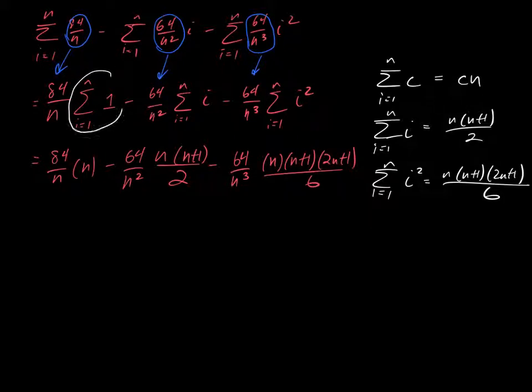So here we have this summation becoming n, this summation becoming n times n plus 1 over 2, and this summation becoming n times n plus 1 times 2n plus 1 over 6.